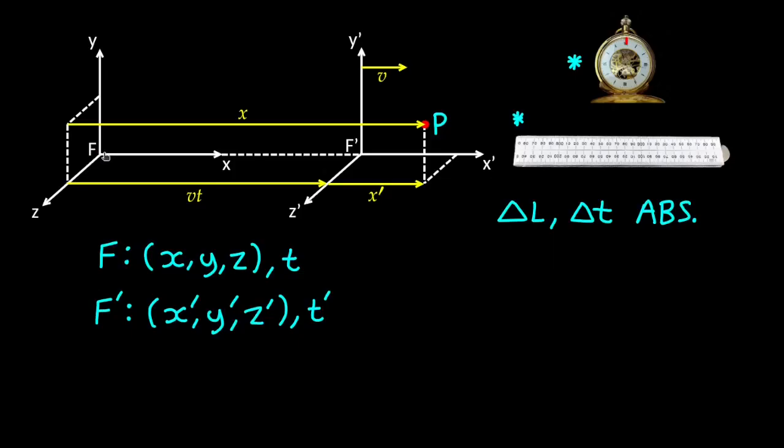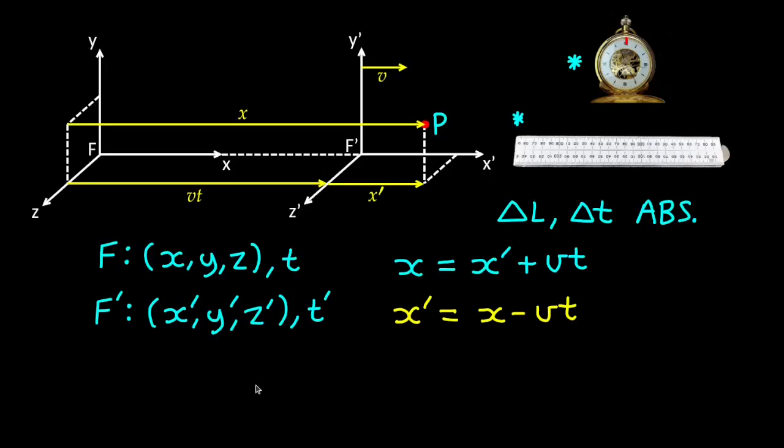After some time t, the primed frame has moved a distance of the velocity multiplied by t with respect to frame F. So we have the following relationship: the location of the event measured from the origin of frame F is equal to the location of the event measured from the origin of the primed frame plus v multiplied by t. Turning this equation around, we have a relationship between x prime and x: x prime equals x minus v multiplied by t.